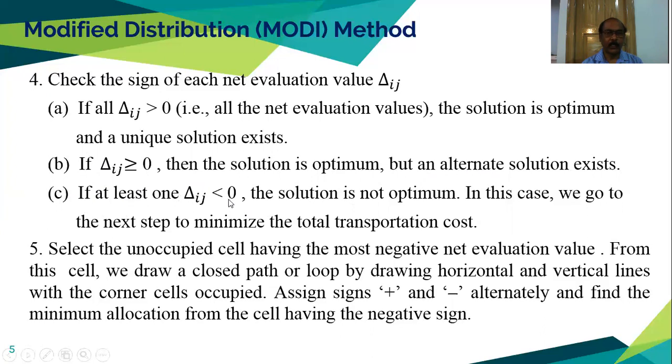When at least one delta is less than 0, the solution is not optimum. In this case, we go to the next step to minimize the total transportation cost. That means we have to improve the solution by using the modi method. Next step.